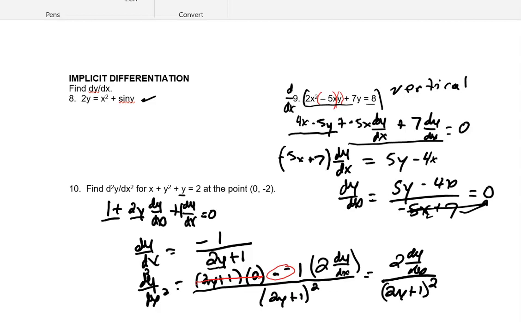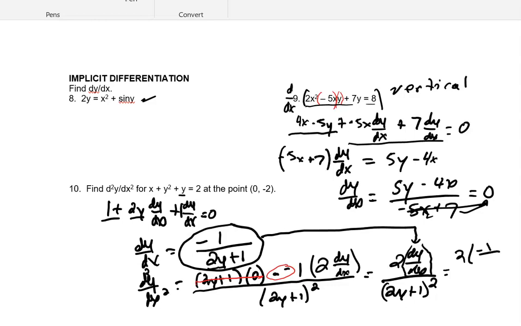And then what we needed to remember to do with this now is replace this dy/dx with what it had equaled here. So if you remember, we took this and substituted it in, so that we would get 2 times negative 1 over (2y plus 1), and then all of that divided by (2y plus 1) squared.